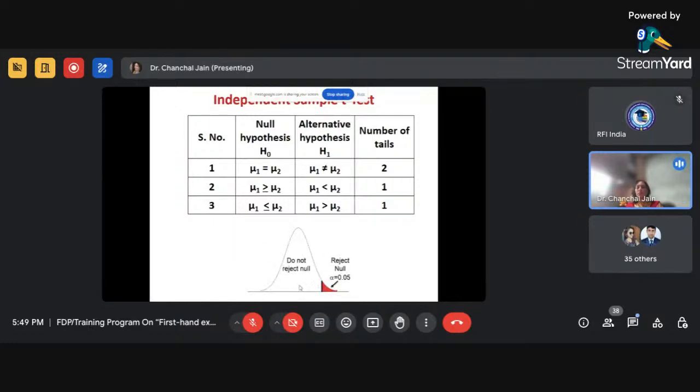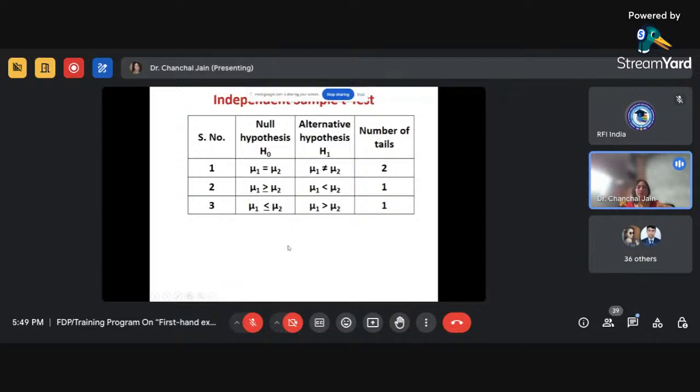This time it is falling on the right tail, so this is a right tail test. In the previous one you can see this is the left tail test, because the rejection region is falling on the left tail.